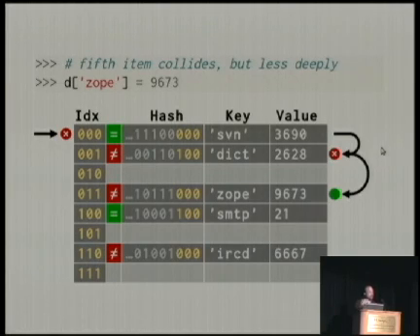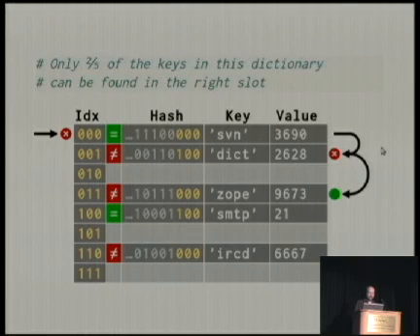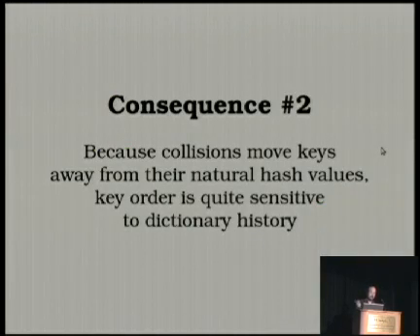So it gets in on only the 3rd step, only the 3rd place that it tries. Well, we've now created a little dictionary, 5 elements in it, the size of the one before, but only 2/3 of the keys in this dictionary are found in the right slot. Fully 3/5 of them collided and have wound up somewhere else and are thus a little deeper in the dictionary, and it's more expensive to find them.